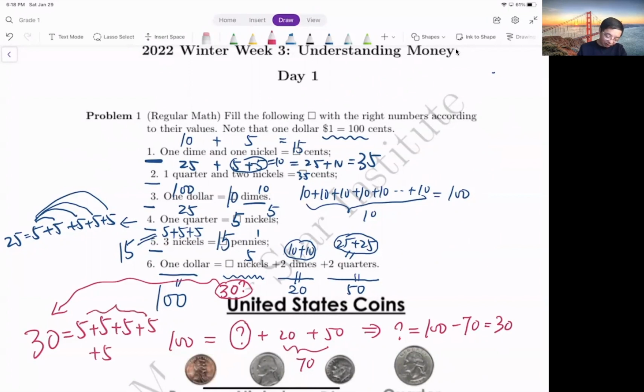So this gives me 20, and then I add 5 more, which is 10, right? So you add together, you get 30. So how many do you need? We need 6, right? So this is 6. We need 6 nickels, 30, plus 2 dimes, 20, plus 2 quarters, 50. We add them together, we get 100. Okay.